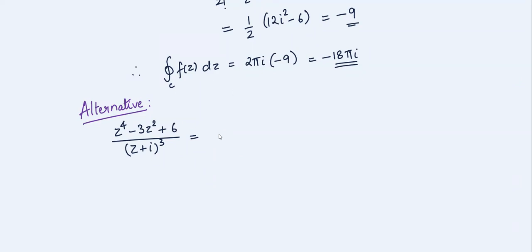Let us see if I can do that. This is z times, so we get z cube plus 3zi. We'll have to do a division.